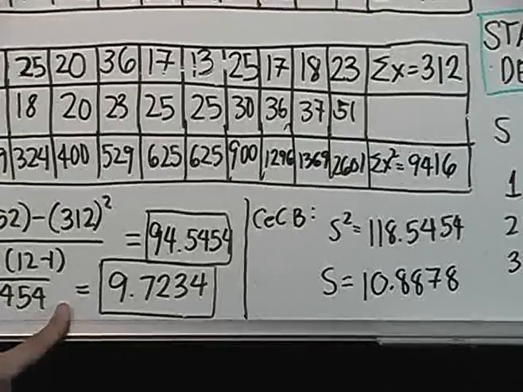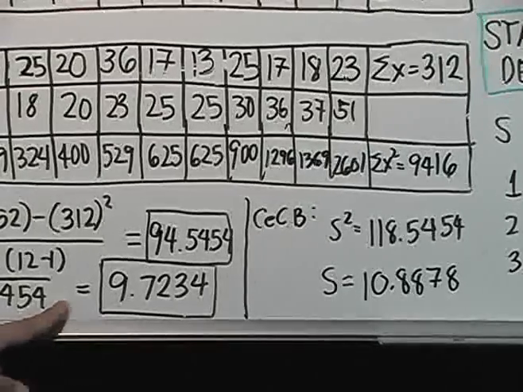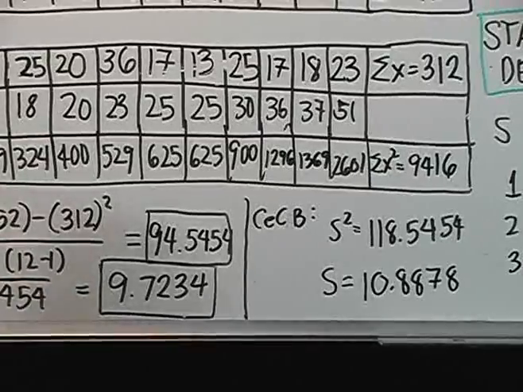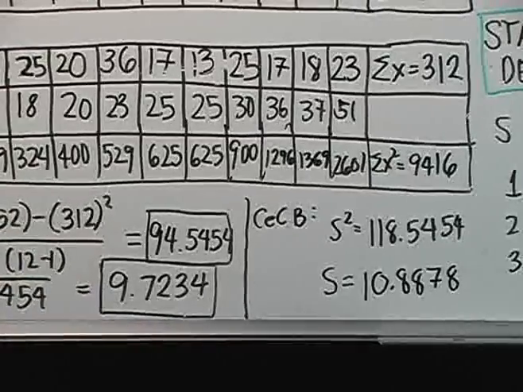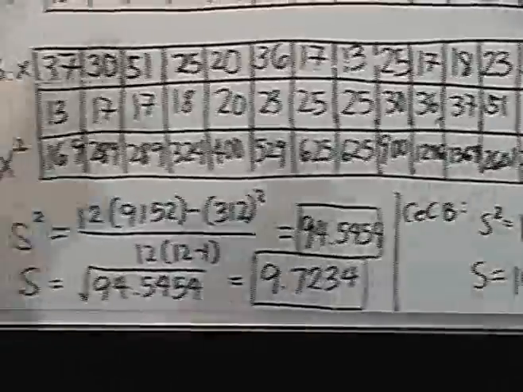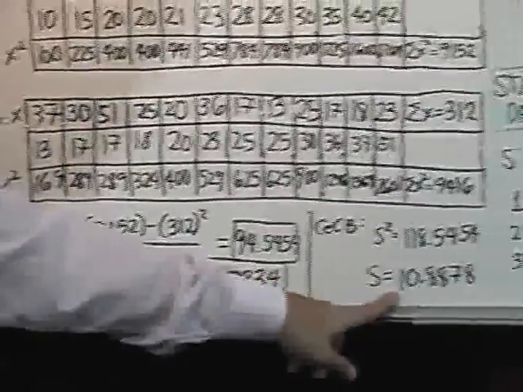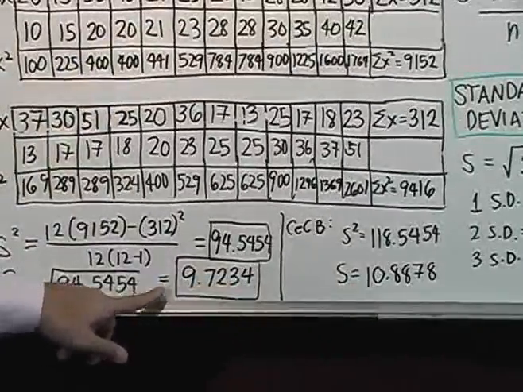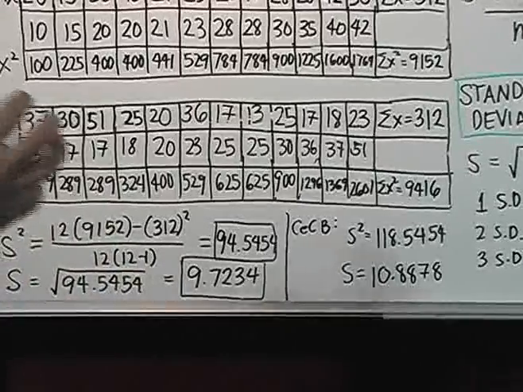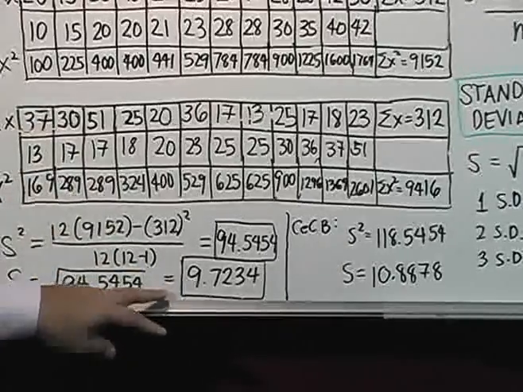From this we can say that the number of customers in the different months of the year in CECB is more varied, or more spread out, compared to the monthly number of customers in CECA.